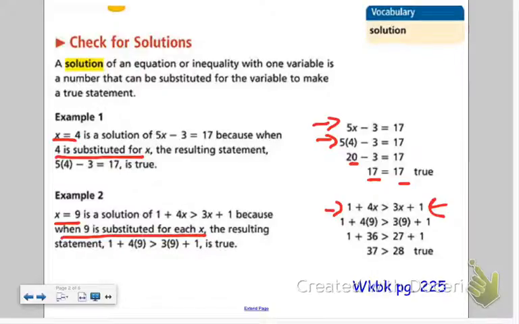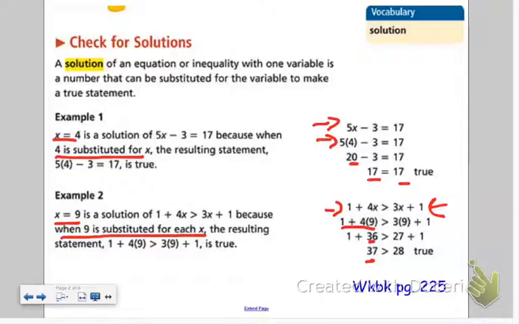If you have that variable in there multiple times, you're going to substitute 9 in multiple times. So instead of 1 plus 4 times x on the left, we're going to do 1 plus 4 times 9. And of course, PEMDAS tells us to multiply first. 4 times 9 is 36, and then 36 plus 1 gives us 37. So the left side is 37.